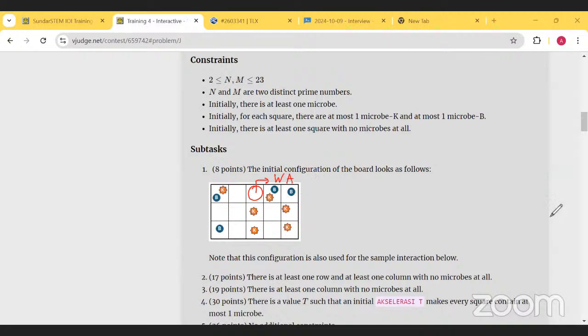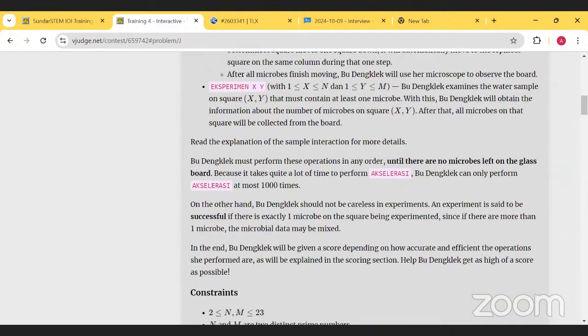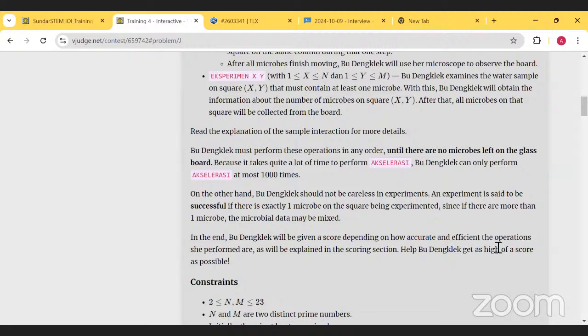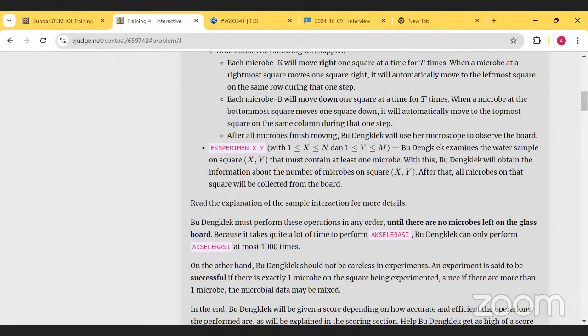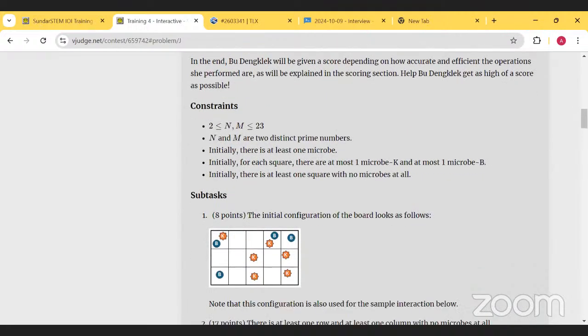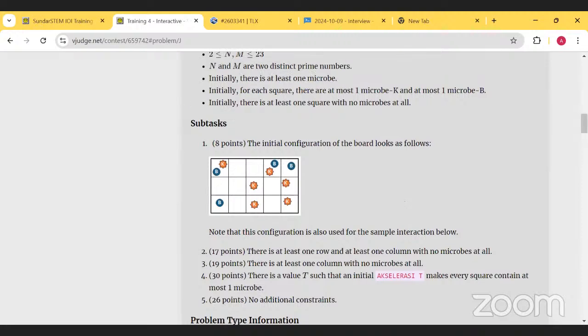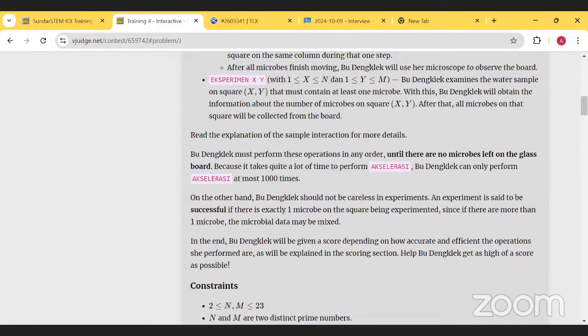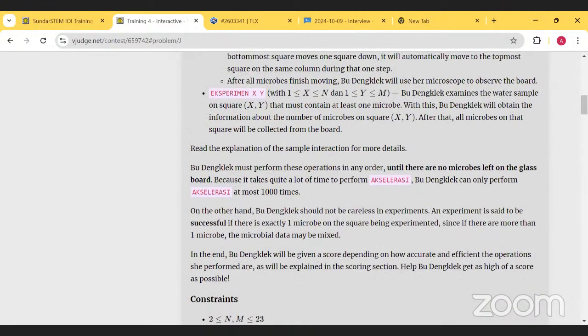Okay. So even if there is no constraint about the number of experiments we do, of course we cannot do more than the number of microbes. Okay, any other question?